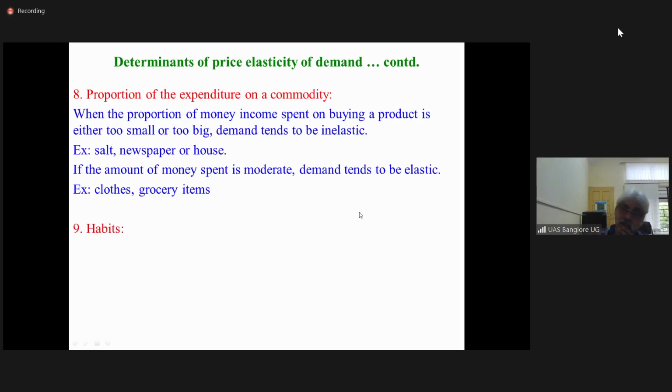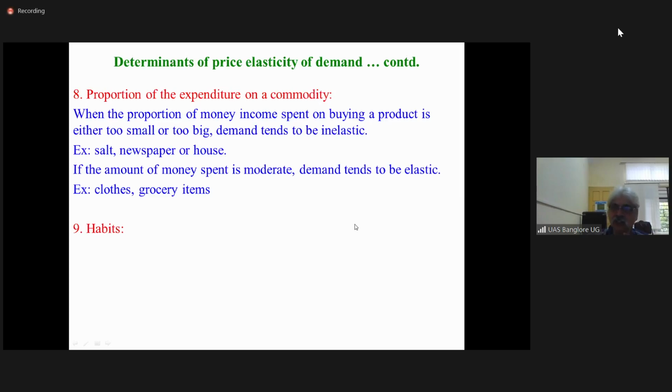Habits. If you continue the habits for a long time, it becomes addiction. Once you are addicted to a commodity, whatever may be the price, you will pay. It becomes inelastic. Like cigarettes.